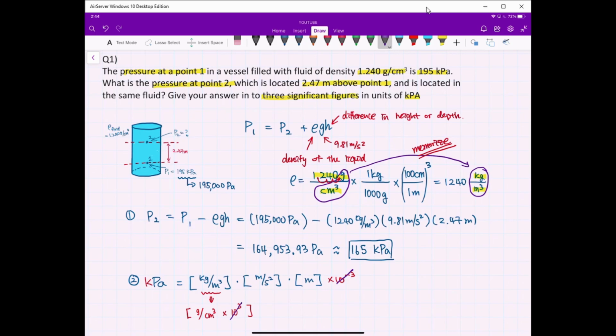We can recalculate P2 using the same equation, and that is 1.240 gram per centimeter cube times 9.81 meter per second square times 2.47 meter.